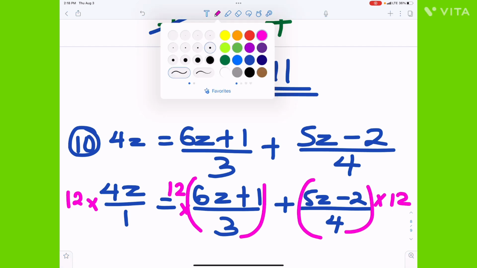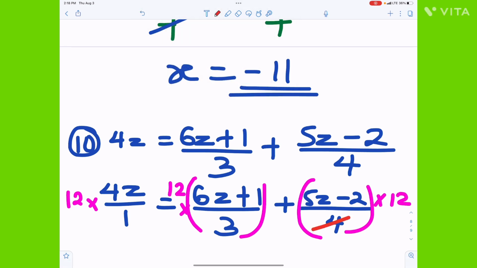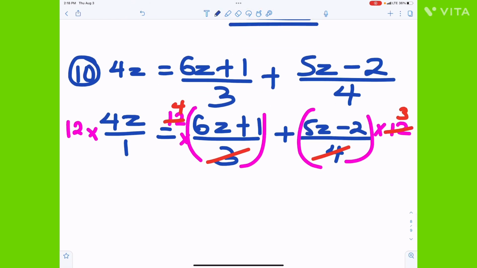So to make my work easier, I can just cut: 4 in 12, 3. 3 in 12, 4. So my equation will change to 12 times 4z gives me what? 48z. Here, this reduces into 4 times (6z plus 1).